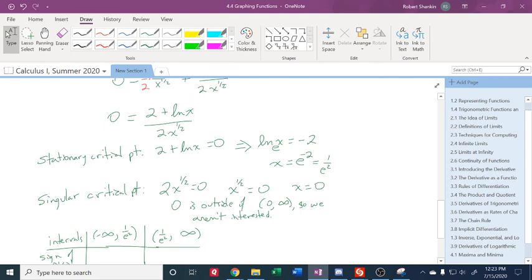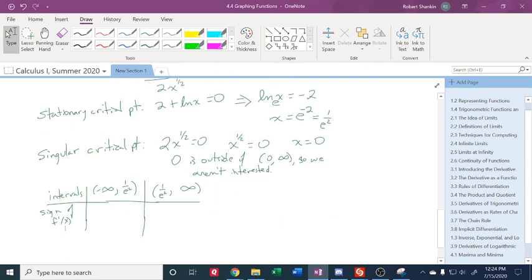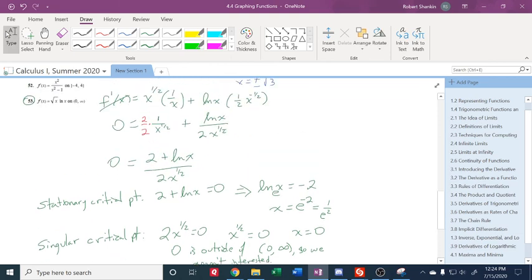When x is really big, like 100, ln of 100 is positive. The square root is positive. So you're going to get positive results right here. And I'm going to suspect that I'm going to get negative.